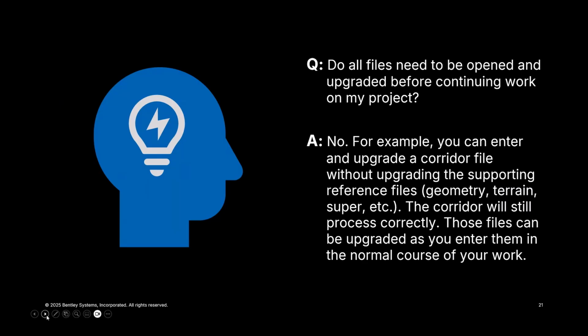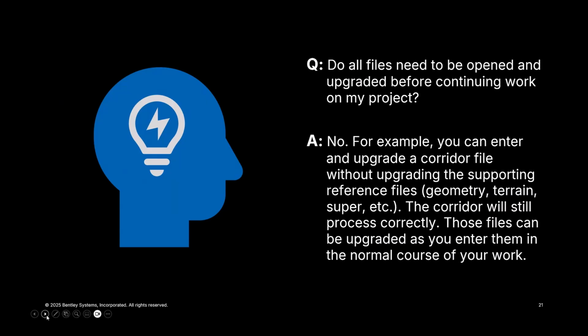Understand you may want to, for managing your project. We'll talk about that next, but you don't have to. It's built to be able to handle that. The corridors will still process correctly if they're referencing things that are in an older version. When you upgrade those files, everything will work and it will keep itself up to date.